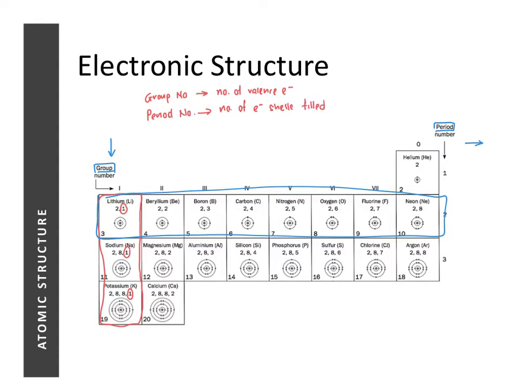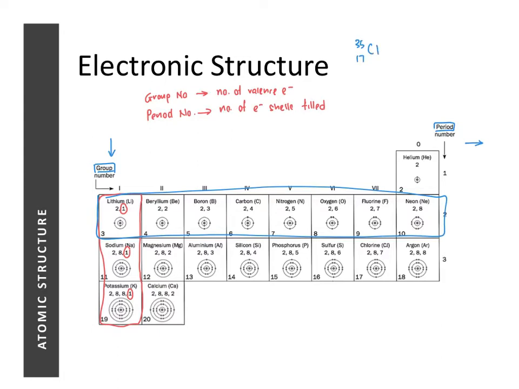Now we can use it in the reverse manner. That means given the electronic configuration of an atom, we can tell which group and which period the element is found in. For example, without looking at the periodic table, let's look at chlorine again.